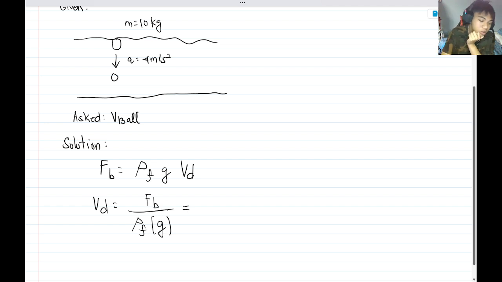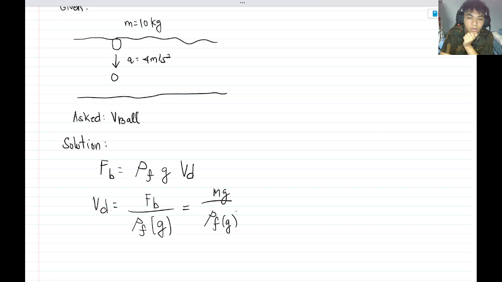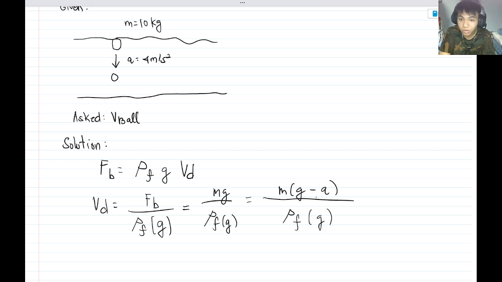And itong buoyant force na to is mg over the density of the fluid times g. So ito, you might think, cancel na lang natin. Not really, since we have an instantaneous acceleration. So dito, the actual buoyant force is m multiplied to the acceleration due to gravity minus the instantaneous acceleration over the density of the fluid times g.